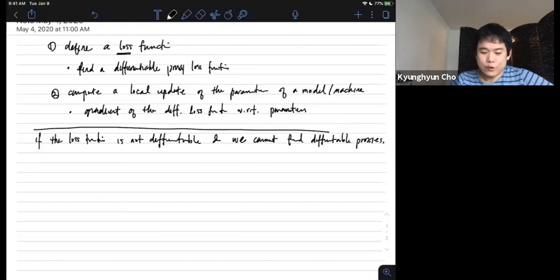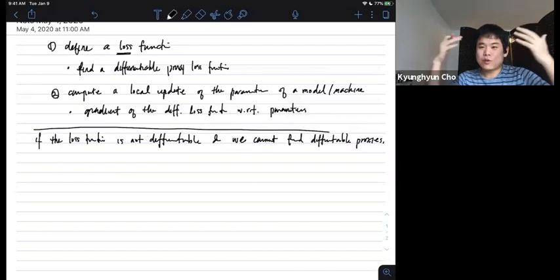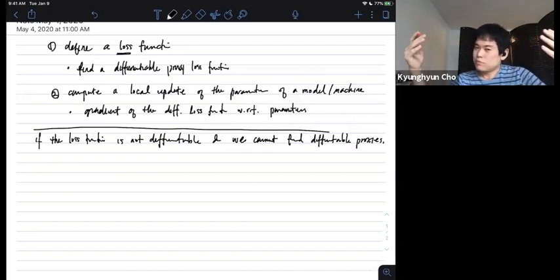Why is that? For classification in particular, we were able to find a nice differentiable proxy to the 0-1 loss. But if you start moving into any arbitrary loss function, it turned out it's not easy to come up with or design a systematic way to design a differentiable proxy.